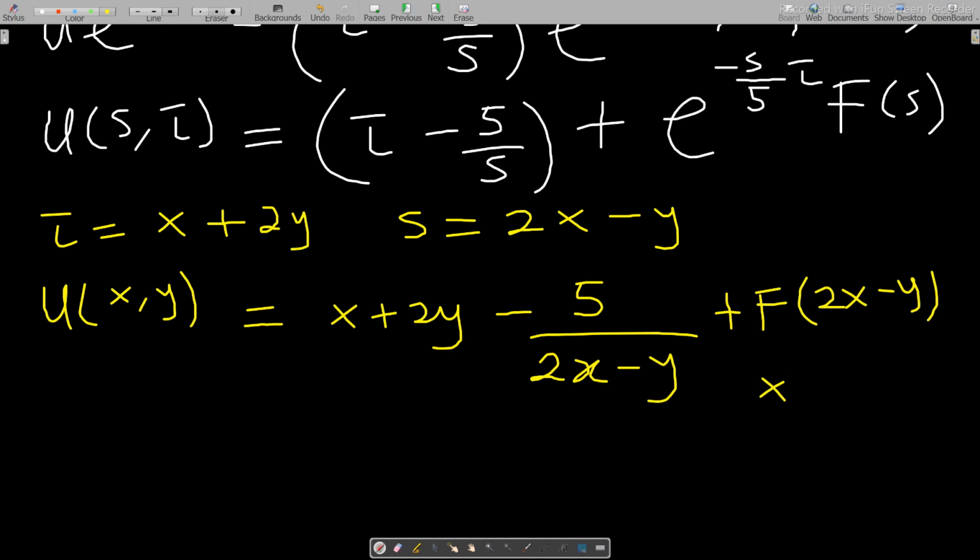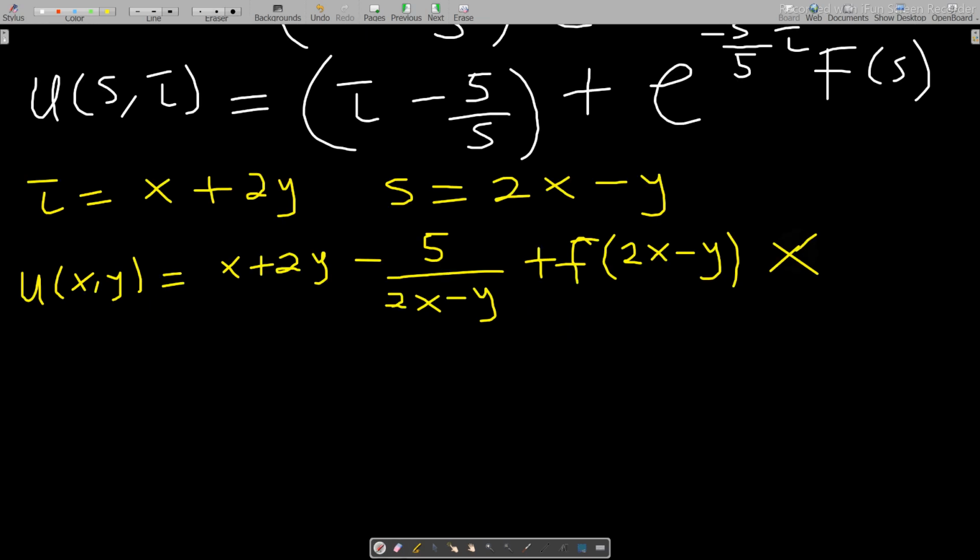Let me shift it for you so that you can see the actual answer. So know that it's f of 2x minus y times e to the power negative 1 over 5 times 2x squared plus 3xy.